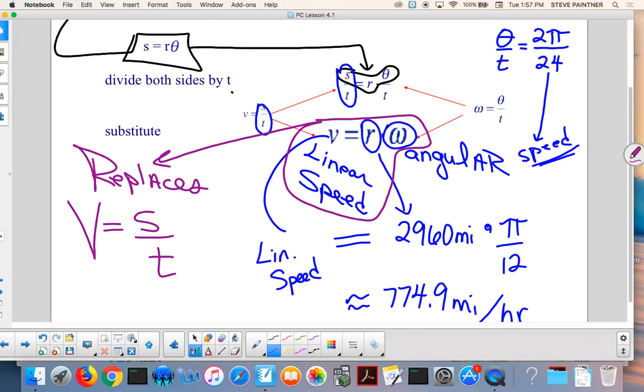If you know those two, it's really simple. Some of you are going to make it hard and go back and try to work it out, but that is another way to calculate linear speed.